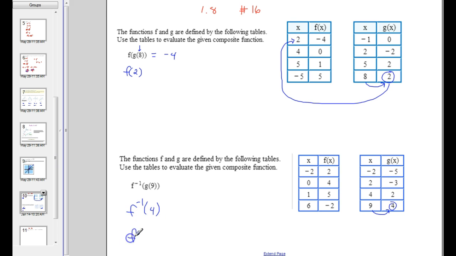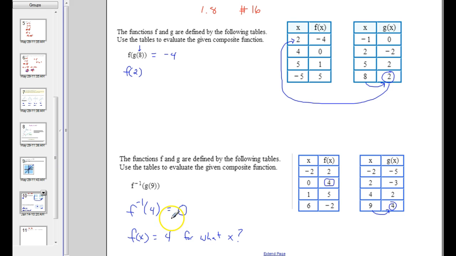So basically, what we're being asked to do here is, we know f of x is 4, and then we're being asked to find for what x is that true. Alright, so when we see f inverse of 4, we're looking under this column. So f of x is 4 when x is 0. So f inverse of 4 equals 0.